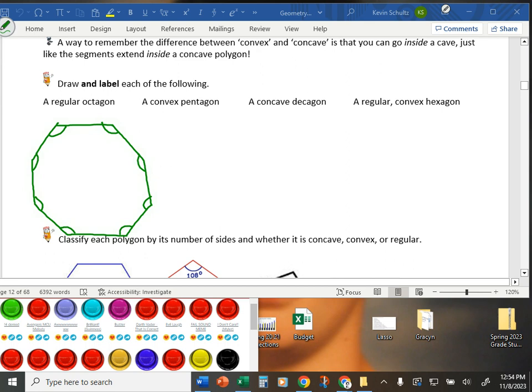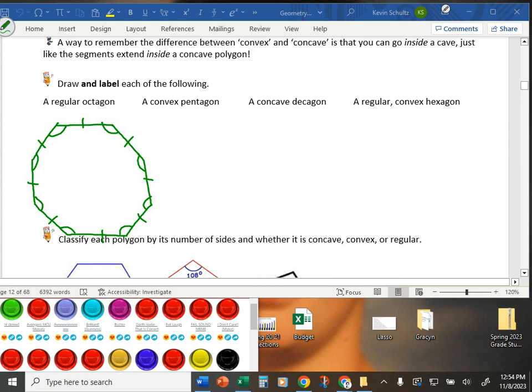And one other thing: congruency markers for the sides. Now, in a polygon, if all sides are congruent, all angles will be congruent as well. So it may not have to be marked, both of them necessarily, but I want you to get that habit because we're still learning, we're still practicing.